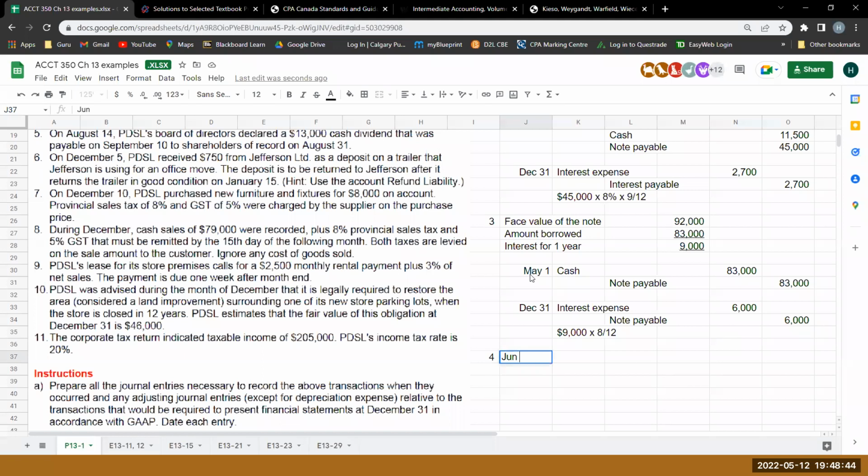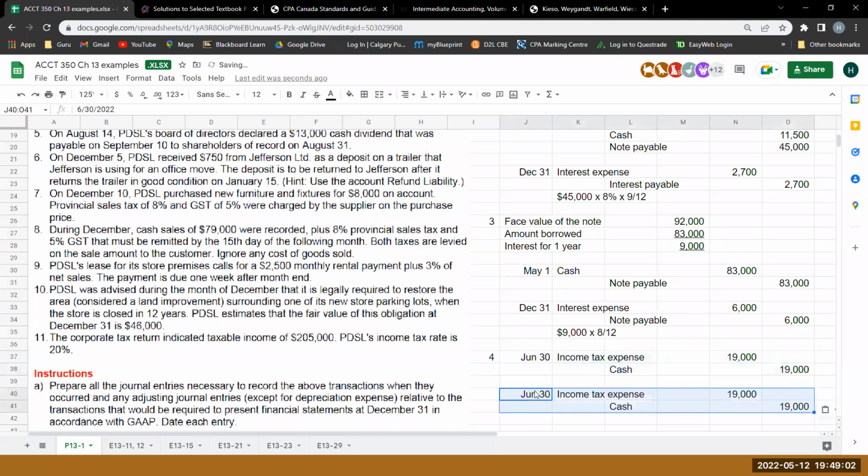So June 30th, debit income tax expense and credit cash, $19,000. And then do the same for December 31st. They basically sent their income tax installments. Big deal.